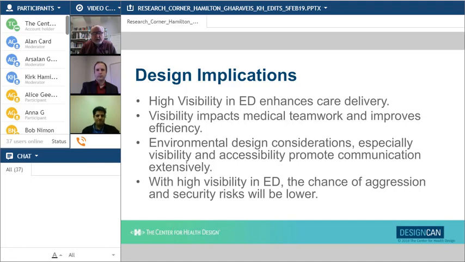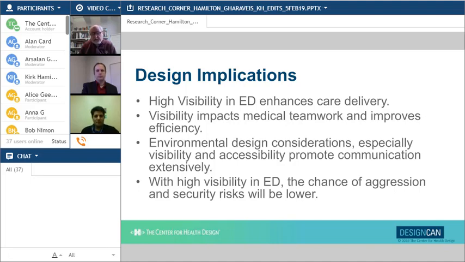Absolutely. This study is one more of many potential studies that validate the idea that in emergency departments we need to be able to see what's going on and be aware of what's happening. We talk about awareness when we're talking about the tasks of nurses.